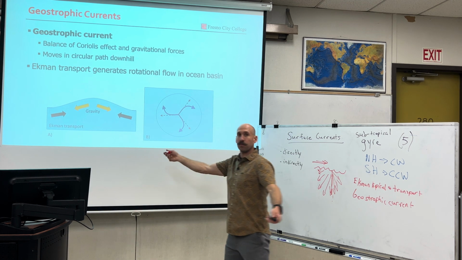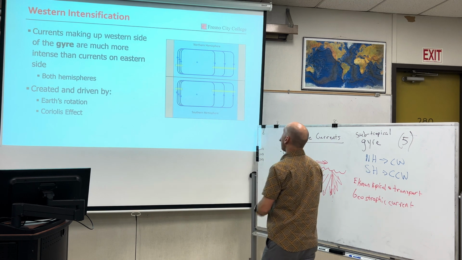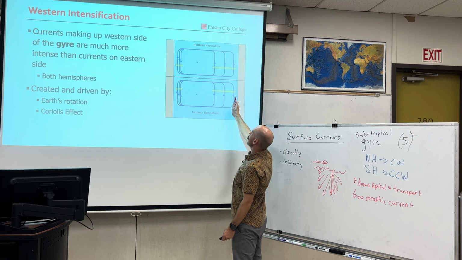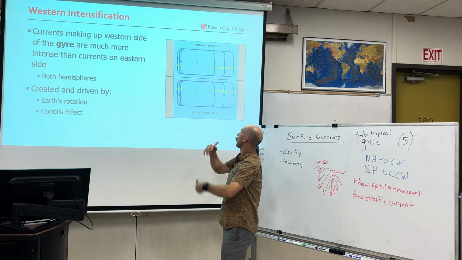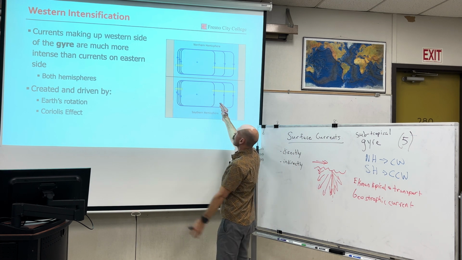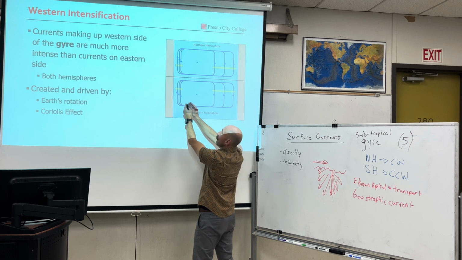Cool, okay, what else does water do in the oceans because of surface ocean currents? Well, glad you asked. Western intensification, and this is because our Earth rotates. So the movement of the water tends to pile up water on the west side of ocean basins.